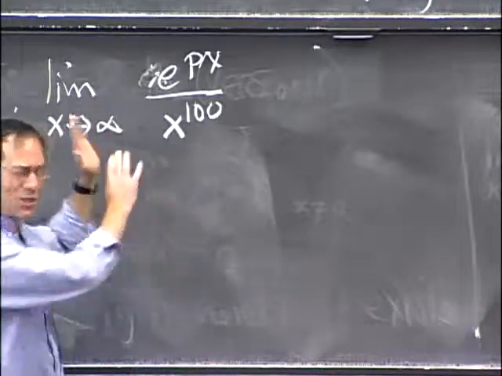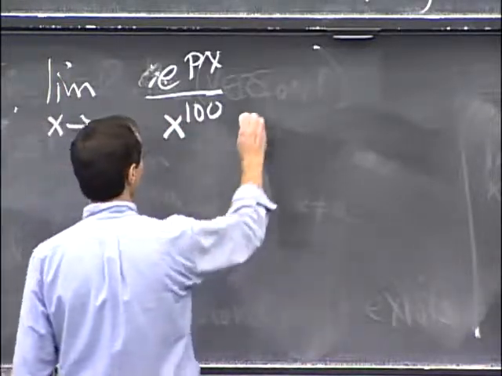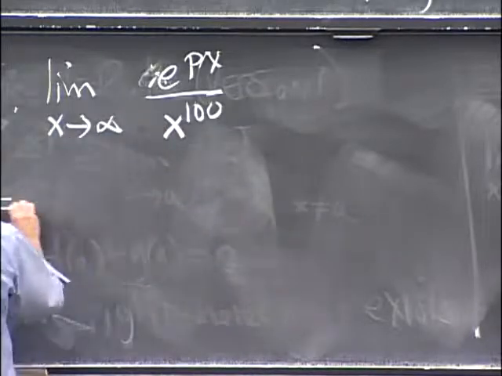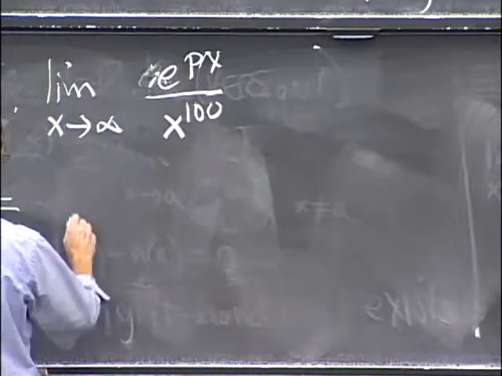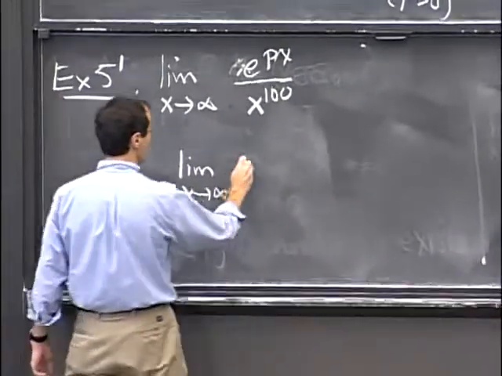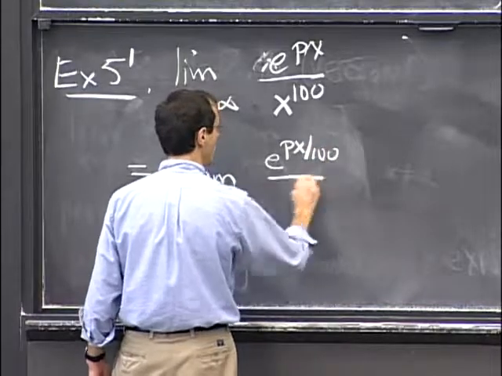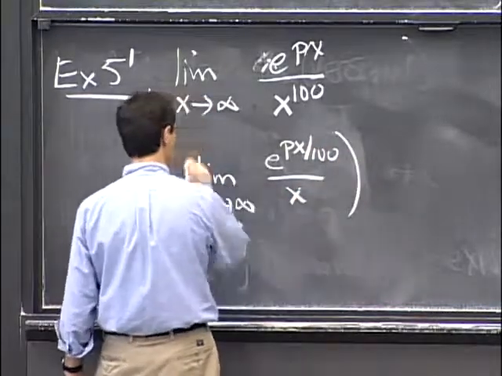It's clear that you could do it, but it's kind of a nuisance. So there's a much cleverer trick here, which is to change this to the limit as x goes to infinity of the e to the power px divided by 100 over x to the 100th power.